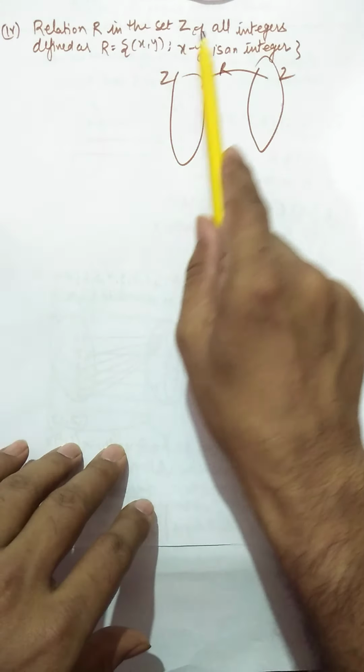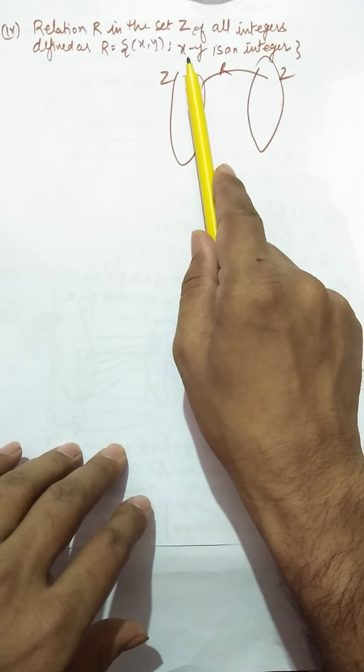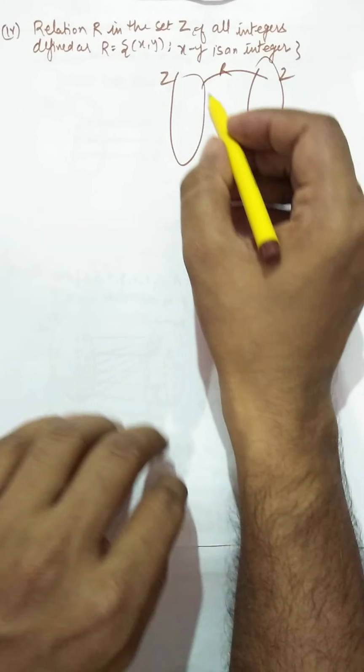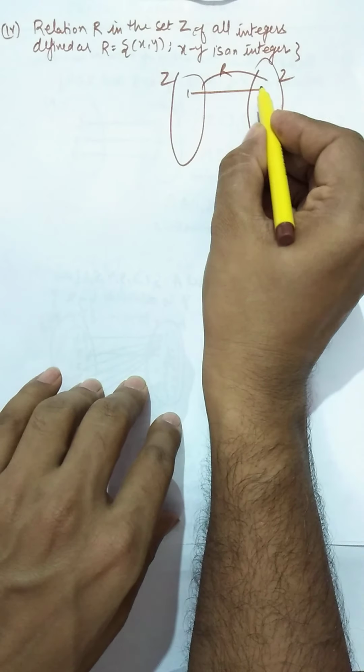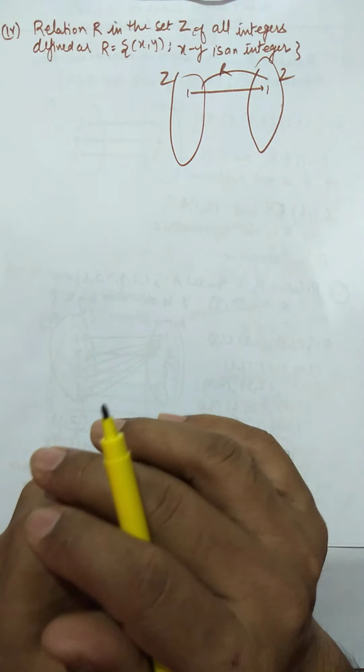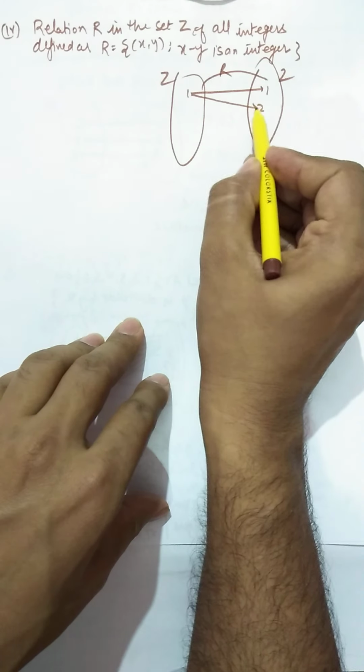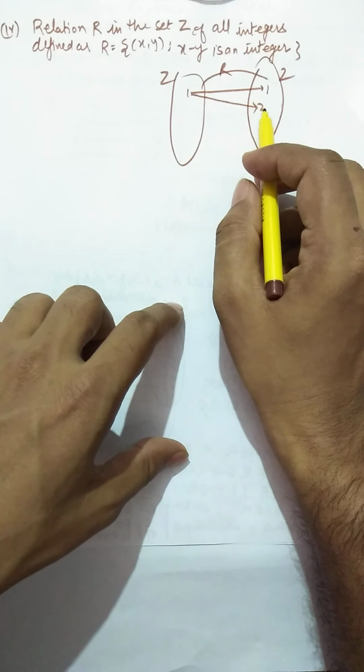Now consider this fourth part, that R is defined on Z and x R y if x minus y is an integer. Means the difference should be an integer. So if I take 1, then 1 can be related to 1 because 1 minus 1 is an integer. If I take 1 and 2, then it can be taken because 1 minus 2 is minus 1, which is an integer.